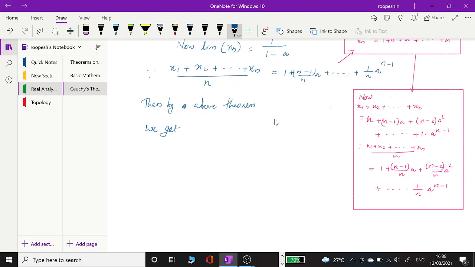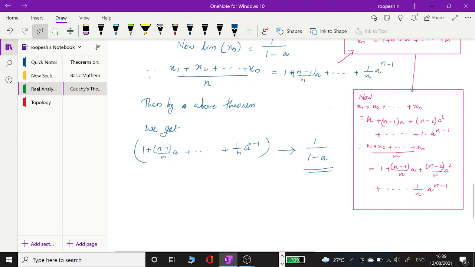That means we get 1 plus (n minus 1) by n into a plus etc. plus 1 by n a raised to n minus 1. This term will also converge to 1 by 1 minus a, that is, 1 plus a plus a square plus a cube plus etc. plus a raised to n. So we have proved that theorem.